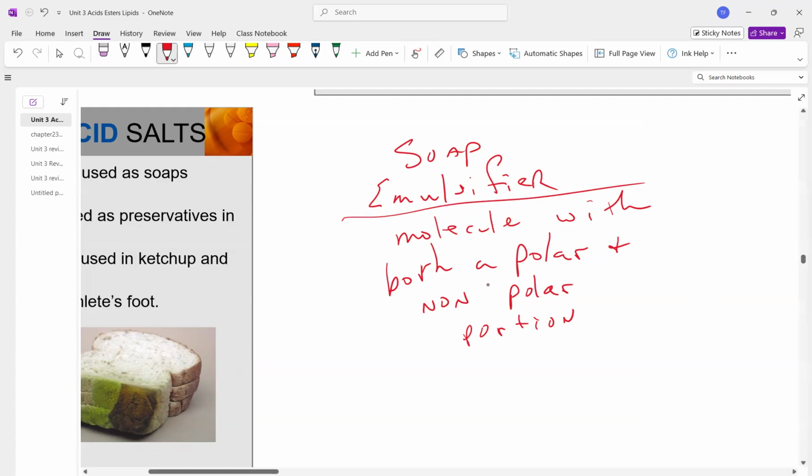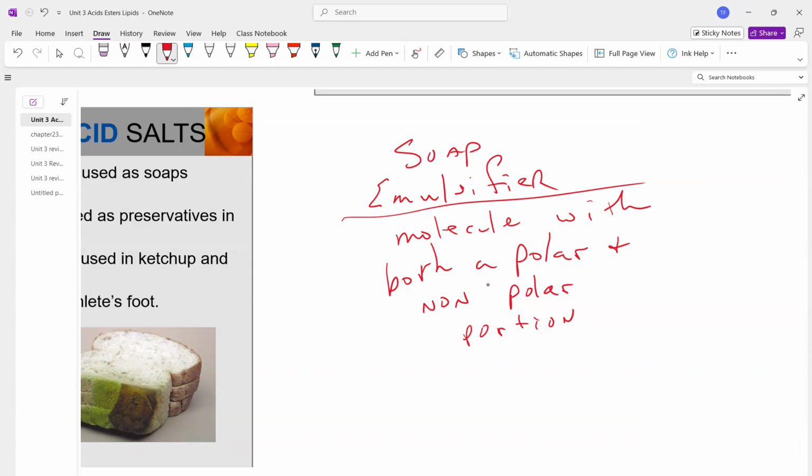So on your test 3, I'm going to show you a molecule. I'm going to ask you, is this an emulsifier? What you look for is a non-polar part and a polar part. If that molecule possesses both of those, it can act like an emulsifier or act like soap.